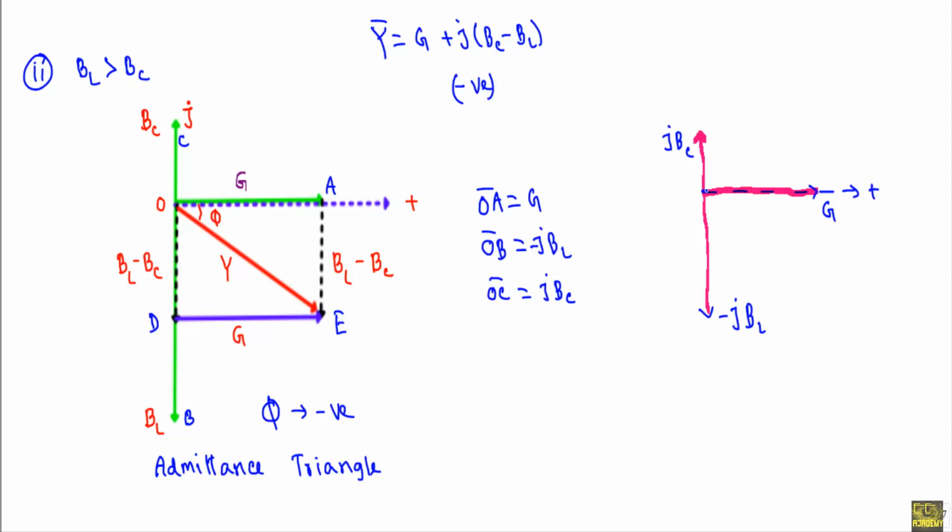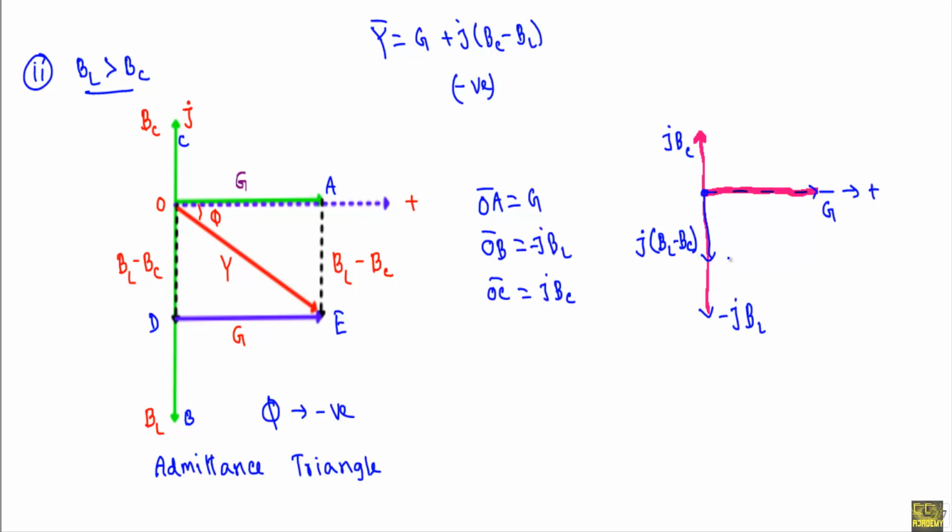That means at this point we have these two vectors operating in opposite direction. As BL is greater than BC, so our resultant will be in this direction, and that will be J BL minus BC, because this is greater than this one.